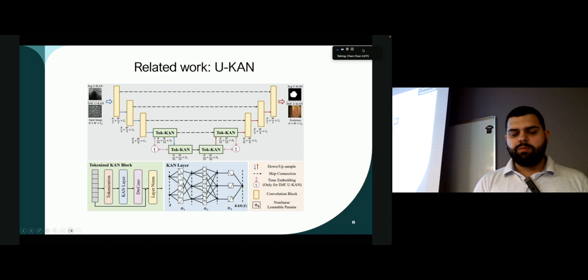After the convolution blocks, it goes to the KAN blocks, which do what I explained before. They grab the information, break it down in small blocks, and then interpret them and combine them. So they reduce the number of blocks, and they are more easily interpretable. After that, they go again through the convolution block, and it generates at the end the segmentation or the synthetic images.